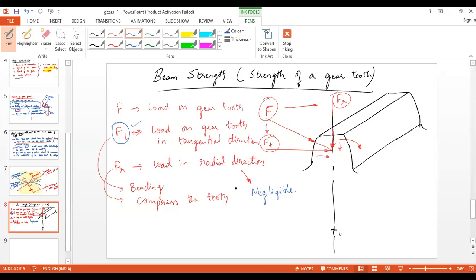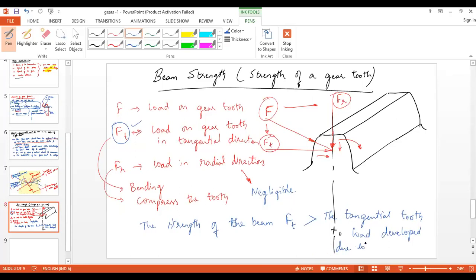And now this is important: the strength of the beam should be greater than the tangential tooth load developed due to the transmission of power.